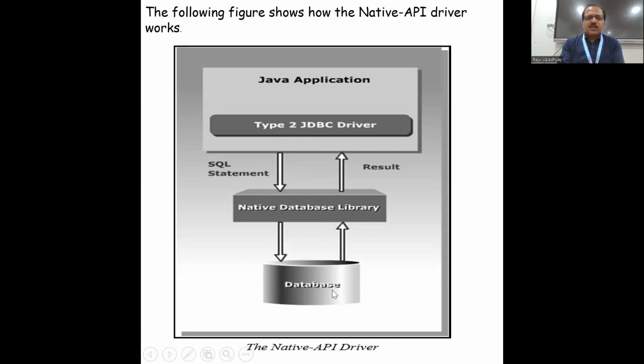The processed output is sent back to the native database library for conversion into a form the Java application can understand. Then it is sent back to the type 2 JDBC driver, which finally converts the data into the form of Java objects, and it is given to the Java application for further manipulation. I hope this is clear to all.